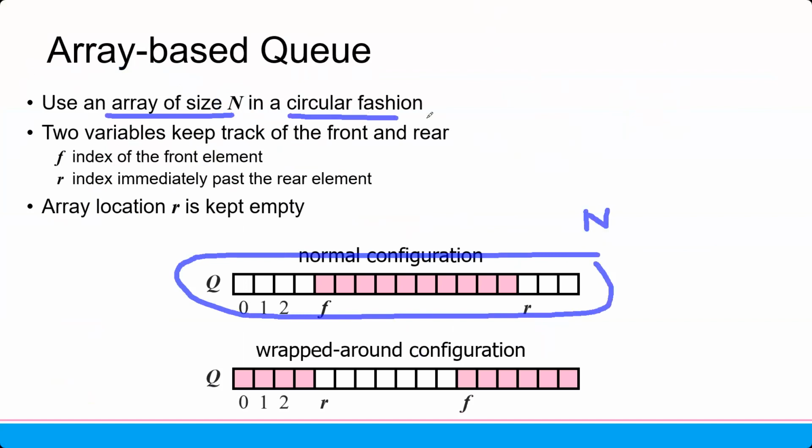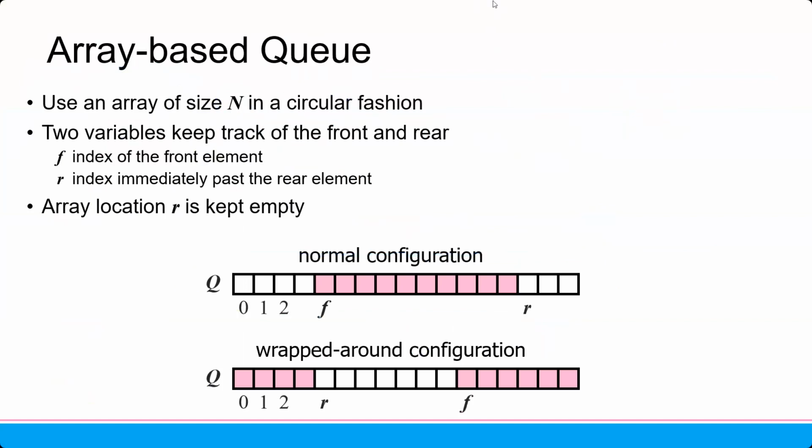And we are going to have a circular pattern. Circular pattern means once we finish with this one, let's say the last value is in this position or in this index, we can start again from the beginning.